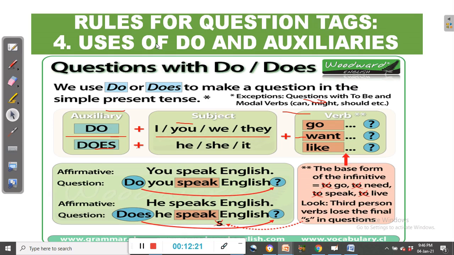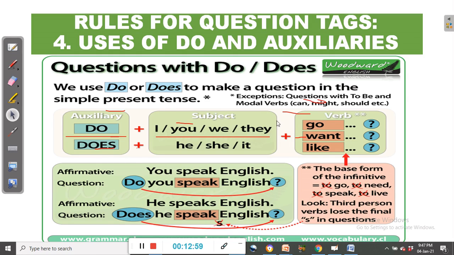Then we have rules concerning the uses of do and other auxiliaries. Of course, we have seen the massive use of auxiliaries, but let's look at the uses of do, the forms of do and other auxiliaries. Now here we use do or does to make a question in the simple present tense. All right. For example, I, you, or we, or they go.